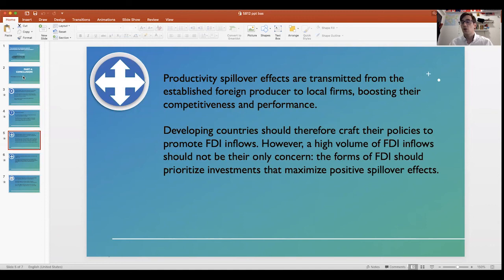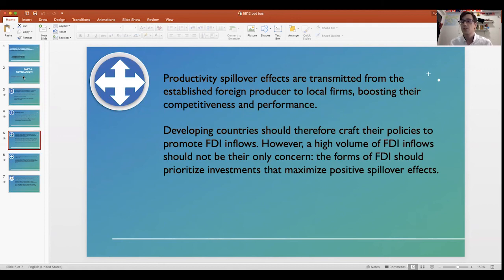However, not all foreign direct investment is equal. As in part 2, we talked about how there are different forms of FDI. So, a high volume of FDI inflows is not their only concern. It's a necessary but not sufficient condition. The form of foreign direct investment should prioritize investment that maximizes positive spillover effects.